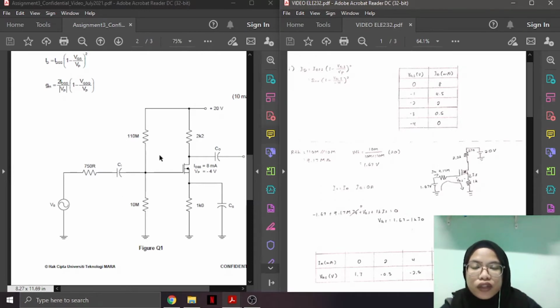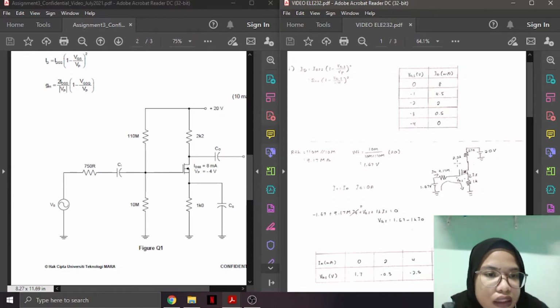We use RTH equals 110 mega parallel with 10 mega, so we get the answer 9.17 mega ohm. And then using Thevenin theorem also, we need to find the VTH. The VTH is 1.67 volt. Okay, so I redraw back the circuit.